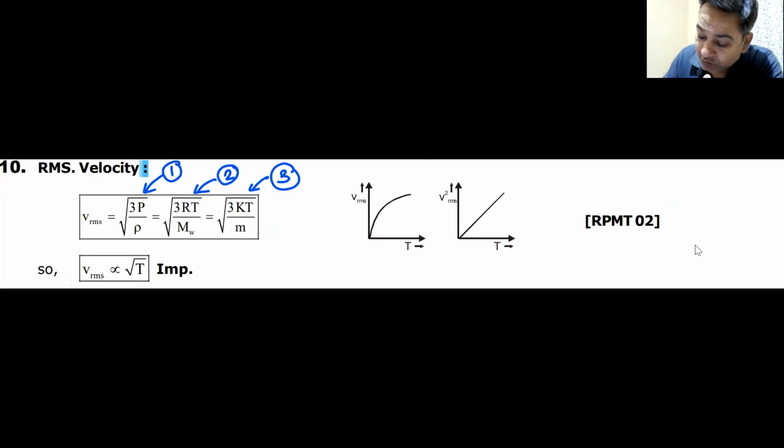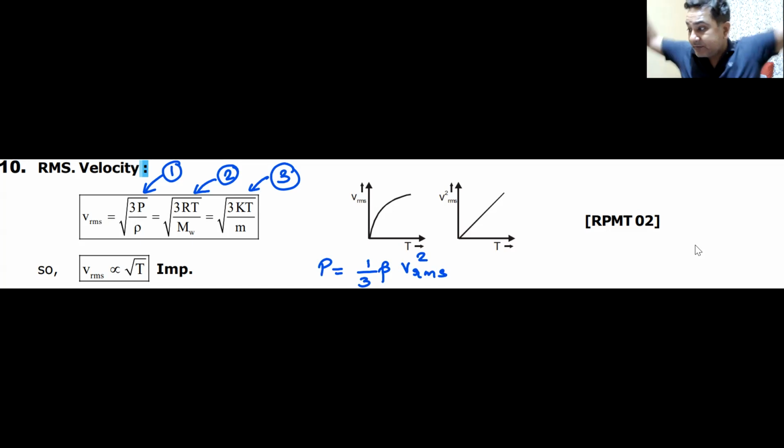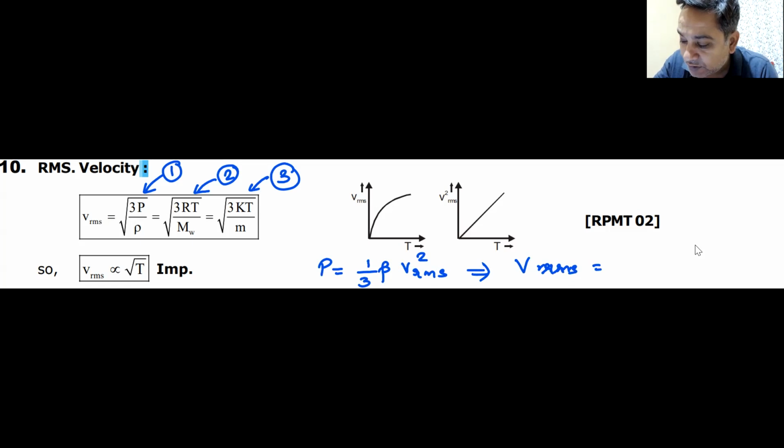The formula that we saw in the beginning was pressure P = 1/3 rho V_RMS squared. Do we remember this formula? From here, I can find the value of V_RMS. V_RMS will be root over 3P by rho.